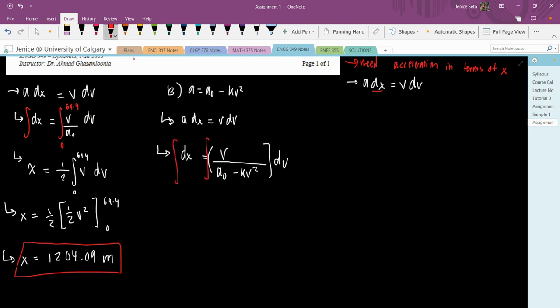Again, we are going to integrate from our bounds. This integration is a little harder. It's going to give us negative 1 over 2k, because that's what happens when we differentiate this part here, and that is going to give us ln of a naught minus kv squared.